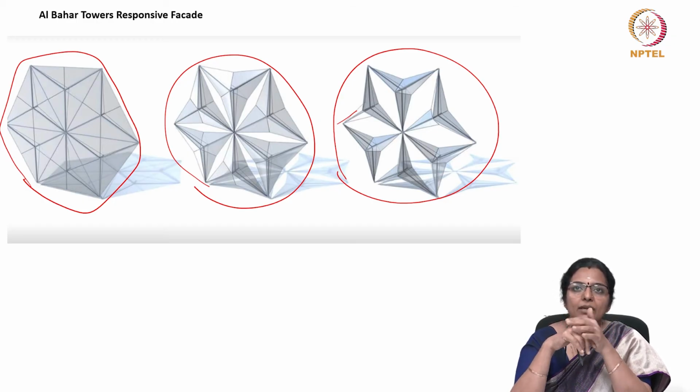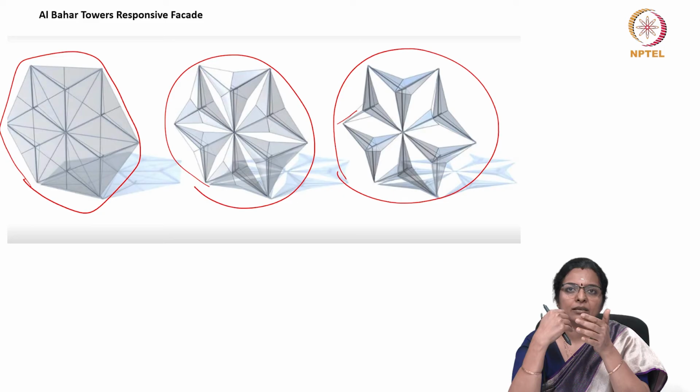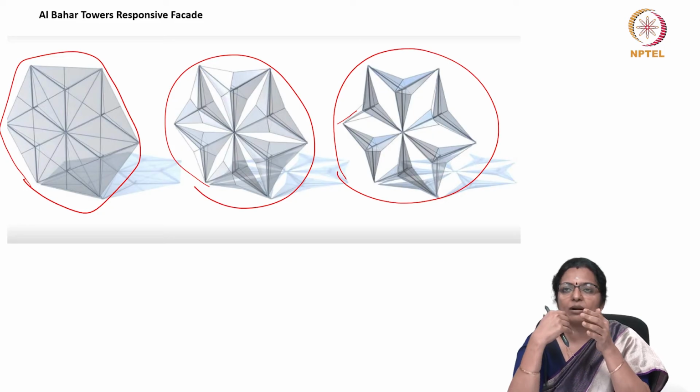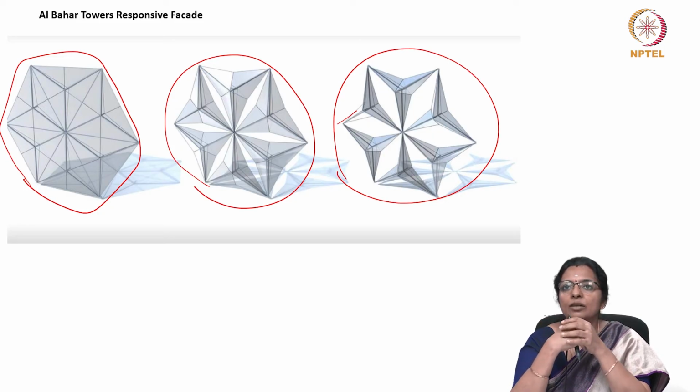So what will happen in the evening, all the screens will open up, so they will fold at night, and you will be able to see more of the glass facade. But as the sun comes out in the morning, it will start to gradually close itself and prevent the solar radiation from hitting the building.